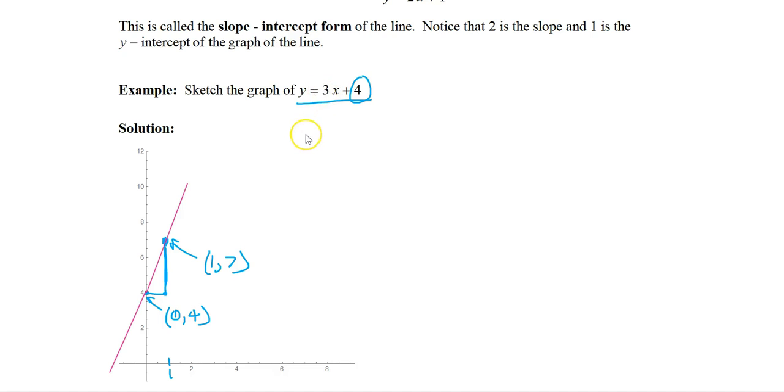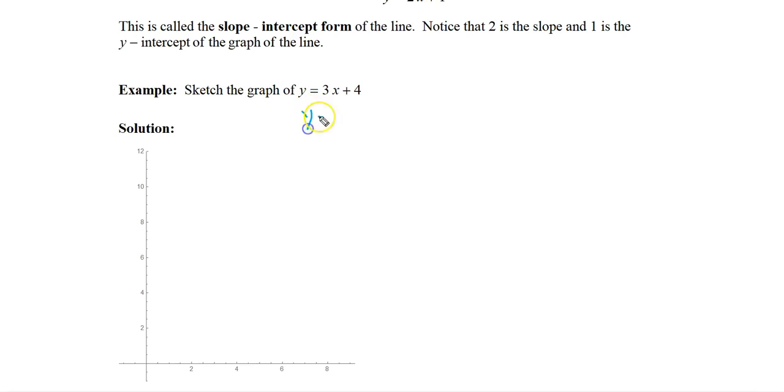Now if the 3 right here were negative, let's just do this. Let's say this 3 were negative. In that case, if we were sitting here and we went 1 unit to the right, then we would have to go down 3 units.